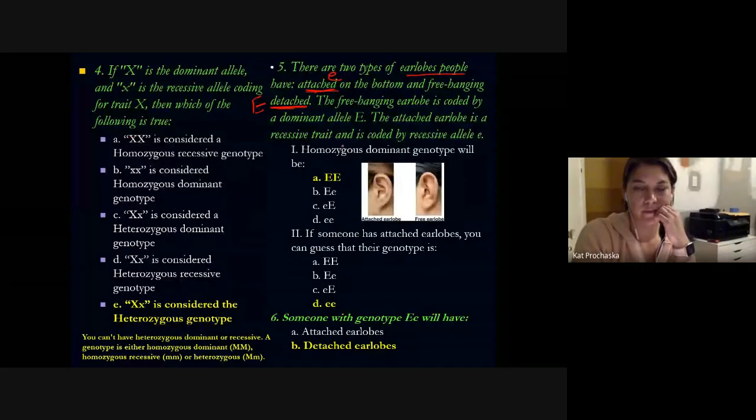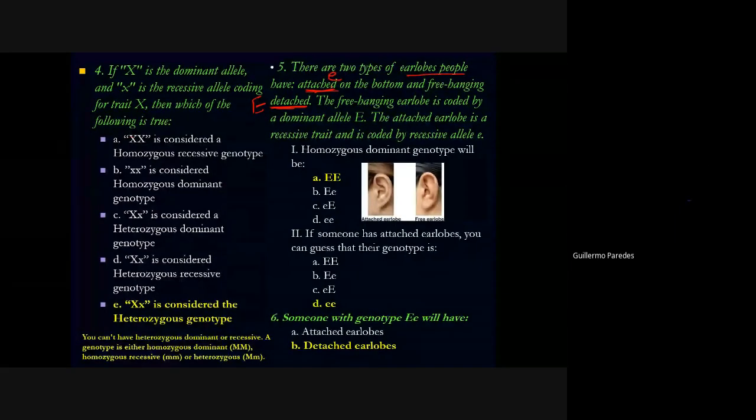Now, based on that information, what will the homozygous dominant genotype be? EE, right? Because homozygous, homo, means the same: father and mother both have a dominant. If someone has an attached earlobe, that is the recessive.